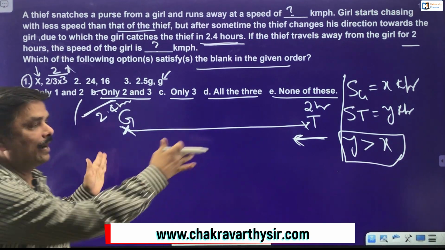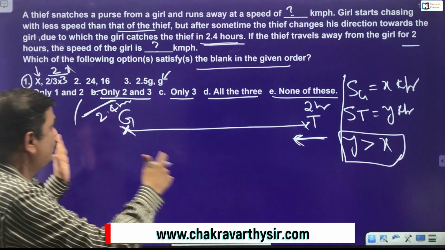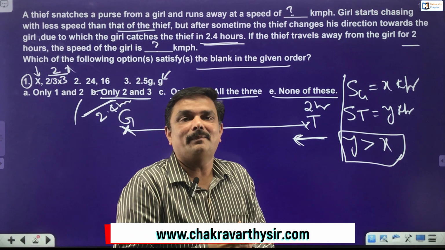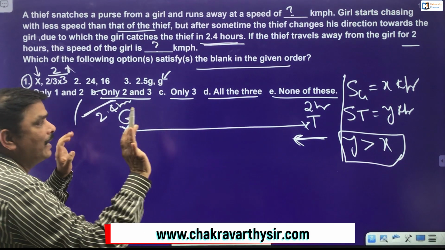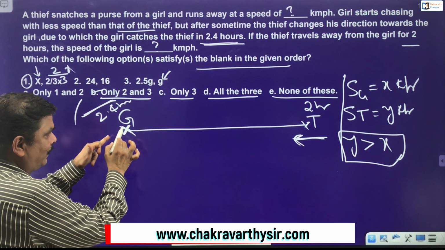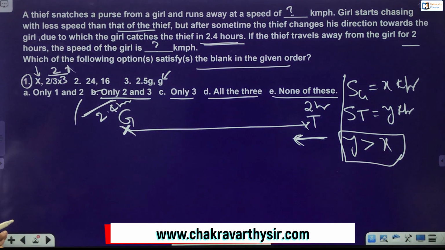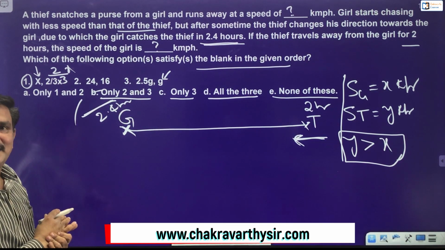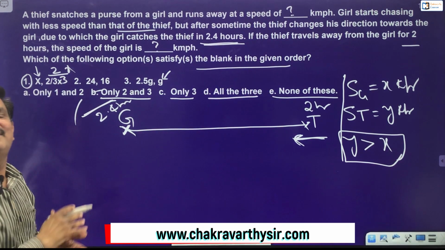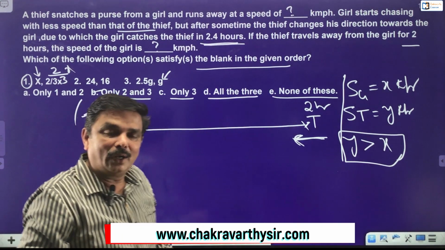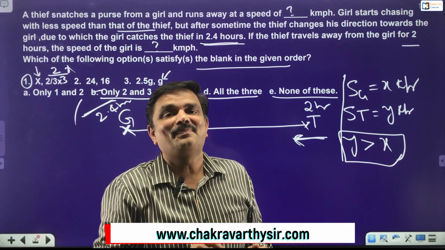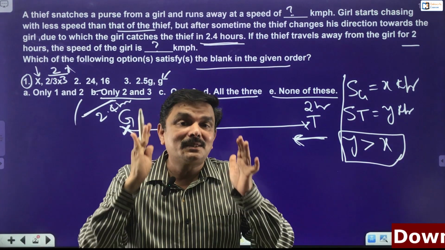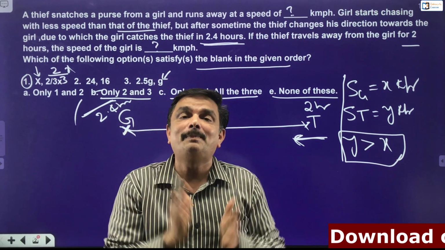Now students, observe carefully. Here you try to apply the relative speed concept. In the first case, when the thief had snatched the girl's purse and he went for 2 hours, how much distance has he traveled here? Distance is equal to speed into time. Here, since both are moving in the same direction, the speed will become relative speed.